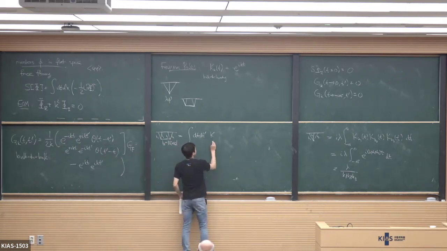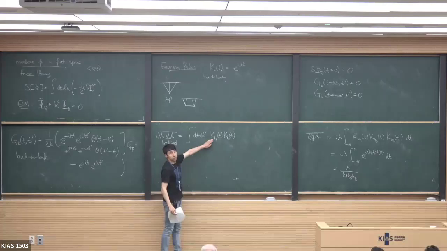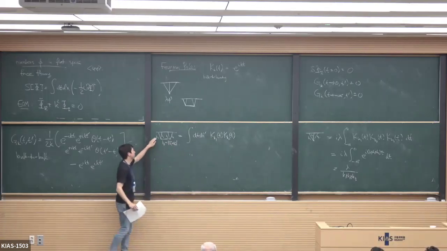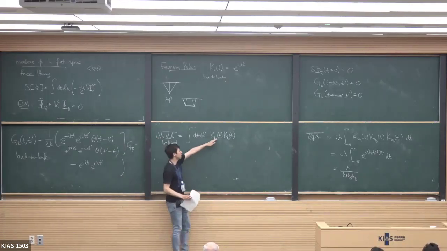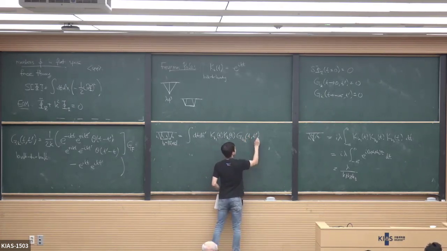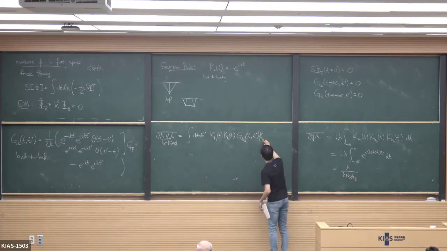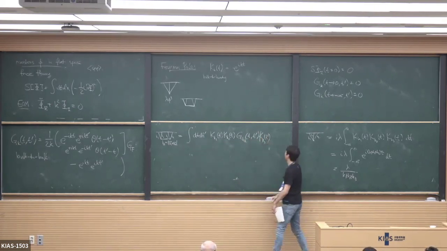So what we will have is the following. We have the bulk-to-boundary propagators for legs 1 and 2 with time t, and then we have the bulk propagator with intermediate momentum k_I with t and t prime, and k3 with t prime, k4 with t prime.